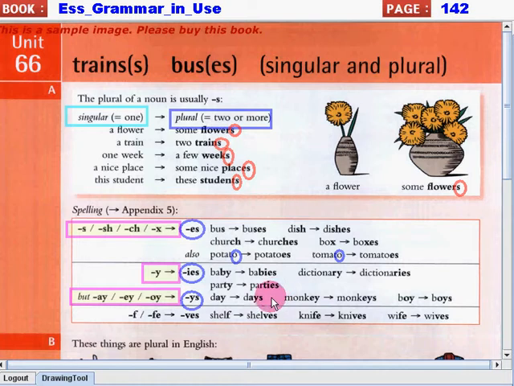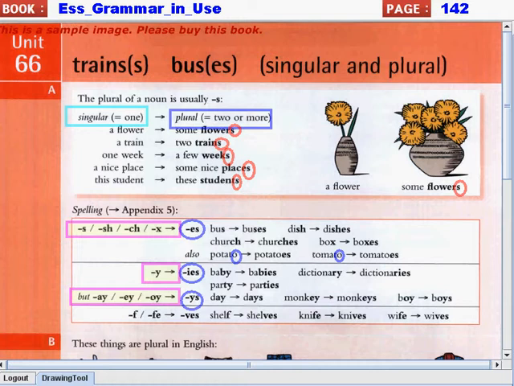Monkey, monkeys. Boy, boys. So remember, if Y is preceded by a consonant letter, then we have to remove Y and change it into IES. But if Y is preceded by a vowel letter, specifically A, E, or O, then we just have to add S.